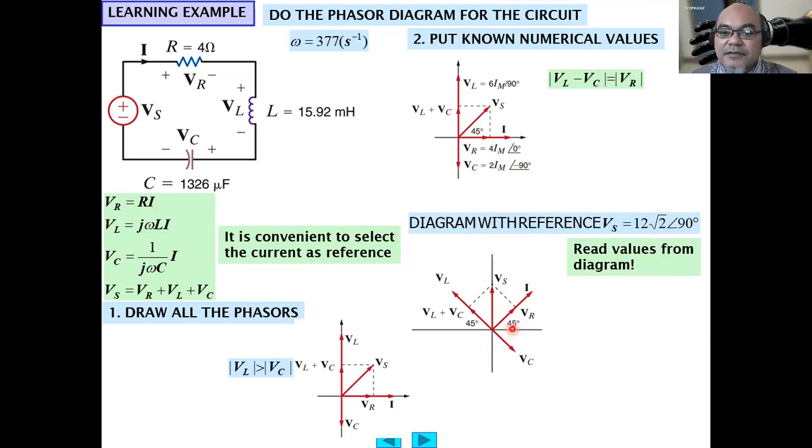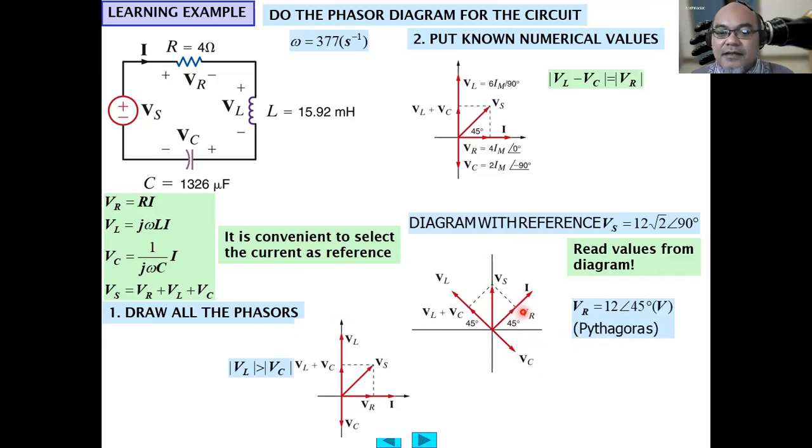And this becomes like this. VL is at 45 degrees from Vs, and the current is minus 45 degrees from Vs. But Vc is at minus 90 degrees from the current. Okay.